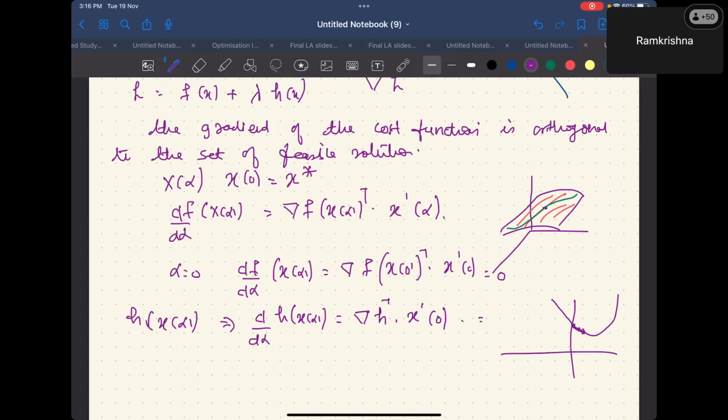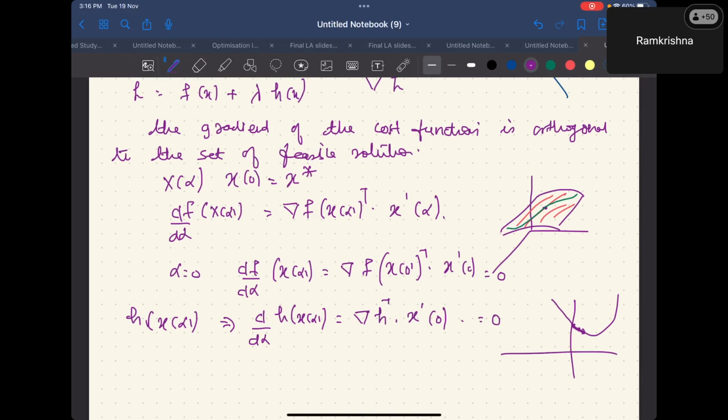Okay, so this will also be equal to 0. This is kind of also to show that the gradient of the cost function will be orthogonal to the set of feasible functions.